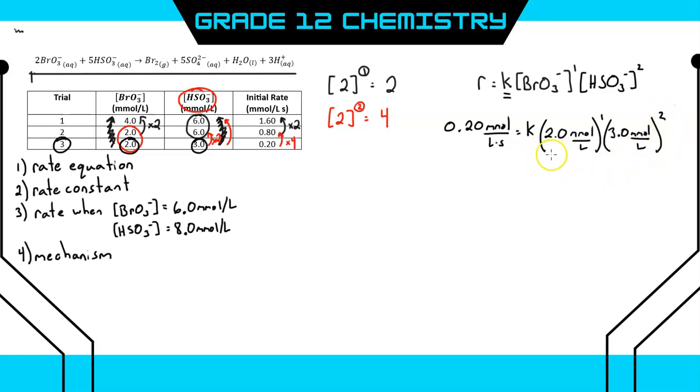All right, and so then what we get here, let's just leave the left side alone for now. So millimoles per liter second is going to be K times 2 times 3 squared, so 2 times 9, so that's 18. And then our units, so we've got millimoles.